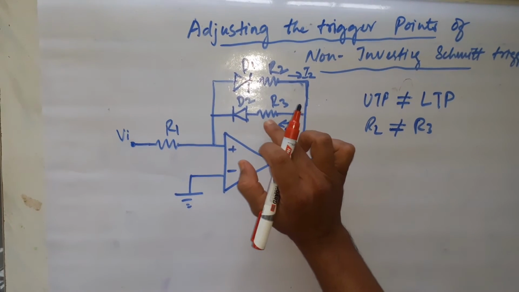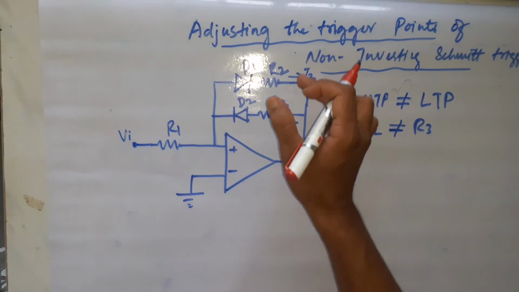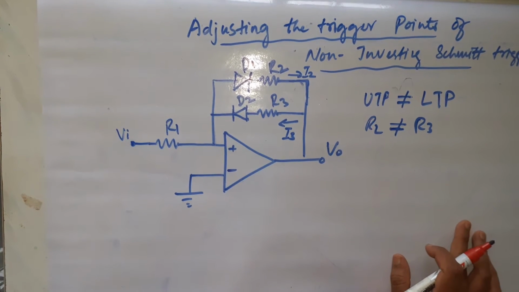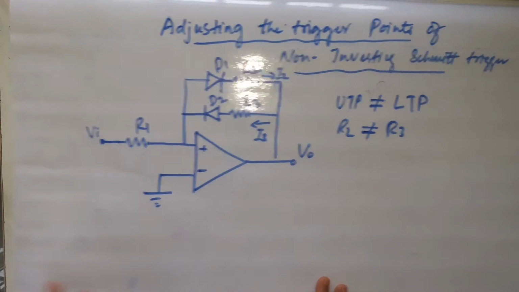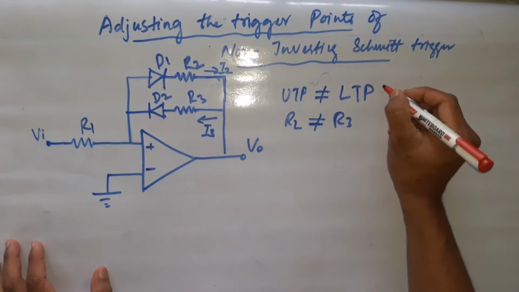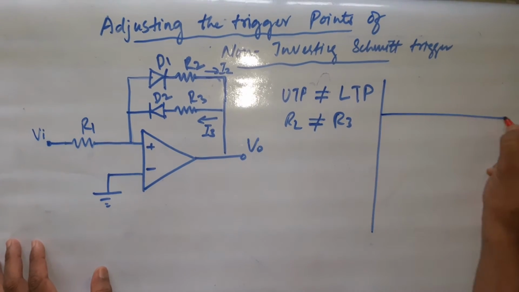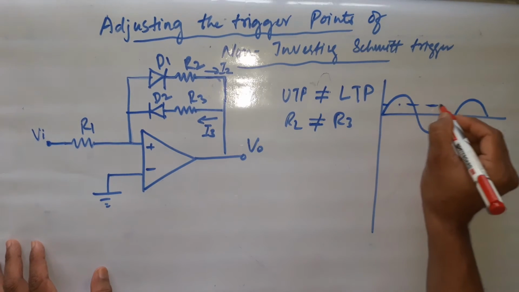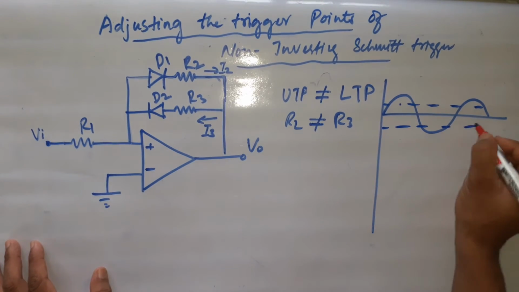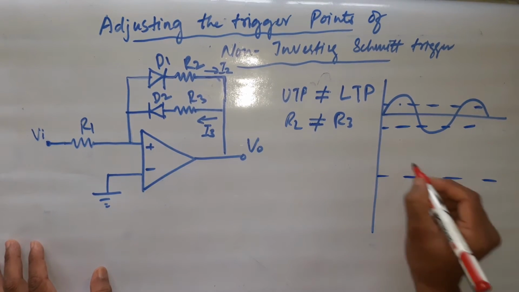If the resistance is different, then the current will also be different. Alright? Current will also be different. Let us see. Yeah, once again, waveforms you can draw it now. Different UTP, different LTP, right?